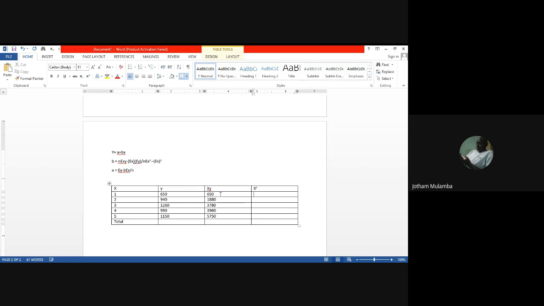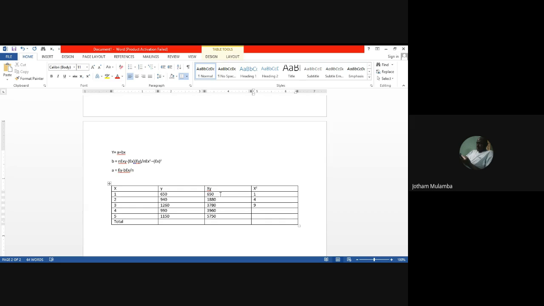For x squared, the value under x we multiply by itself. Year 1 will have 1 times 1, which is 1. Year 2 is 2 times 2, which is 4. Year 3 is 3 times 3, which is 9.